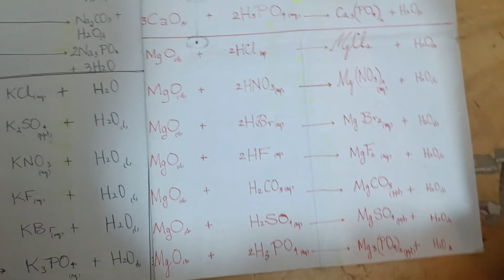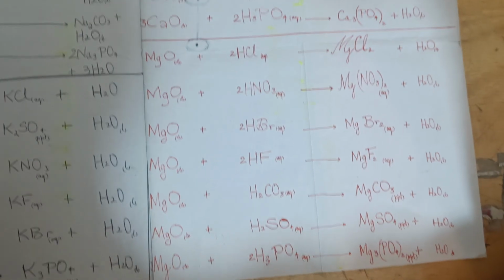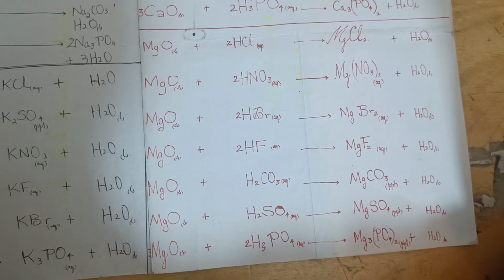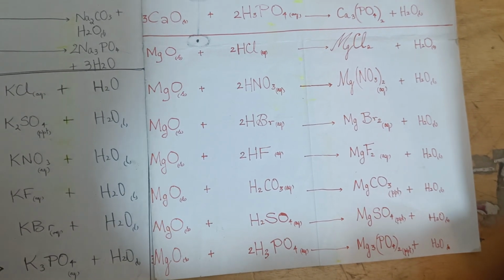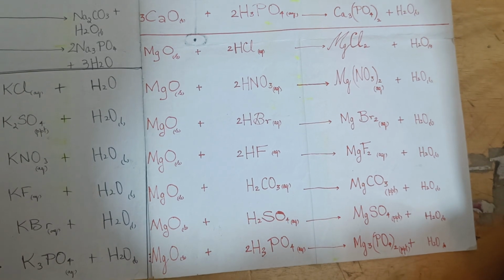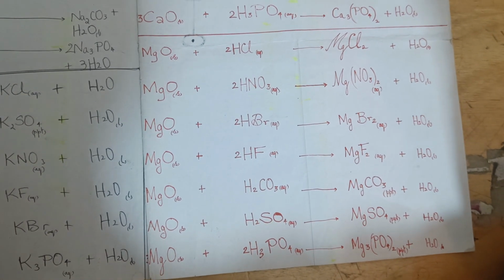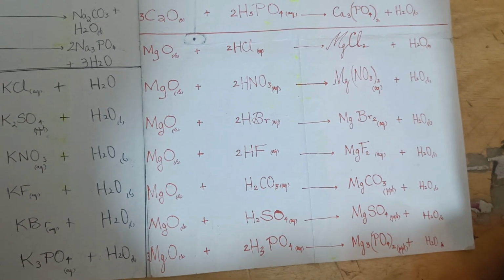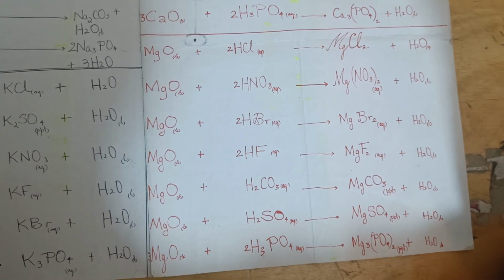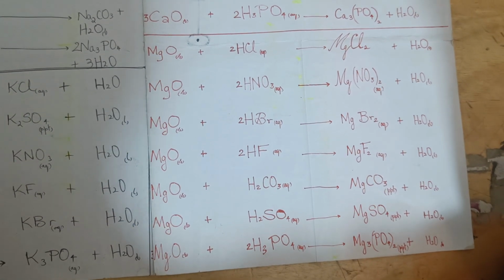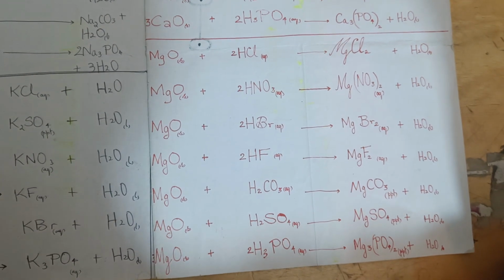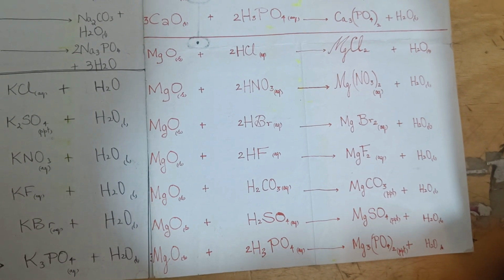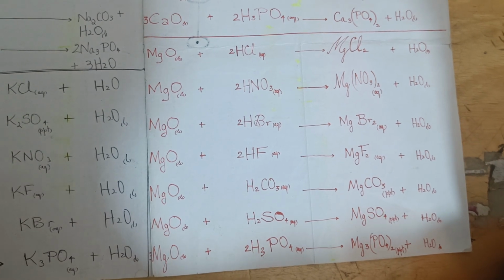So magnesium oxide interacts with hydrochloric acid and nitric acid. There are many kinds of bromine acid variants: hypobromic acid, hydrobromic acid, and others. This one is known as hydrobromic acid, the simplest one.